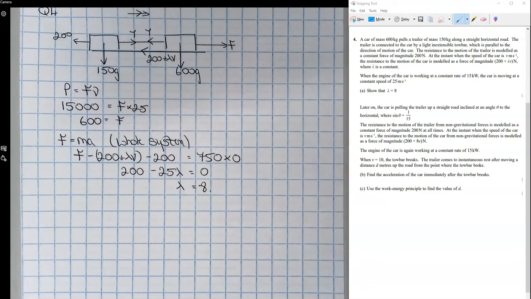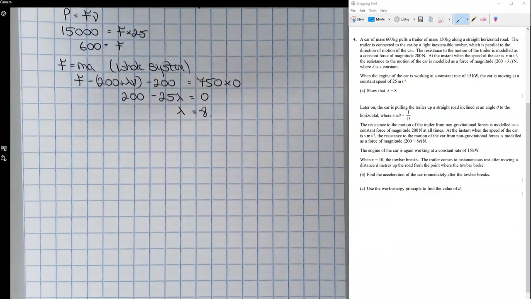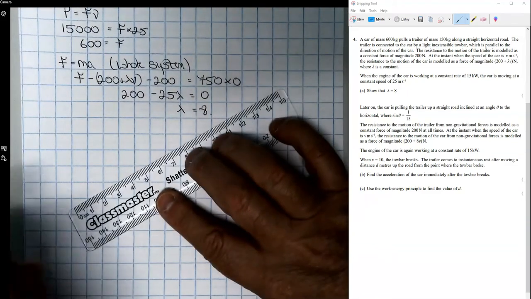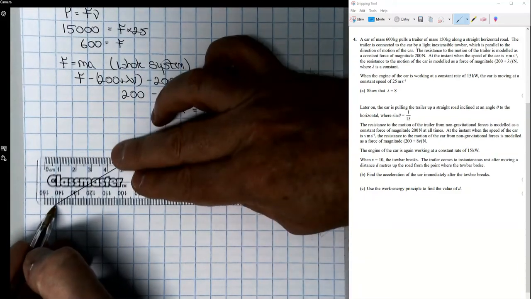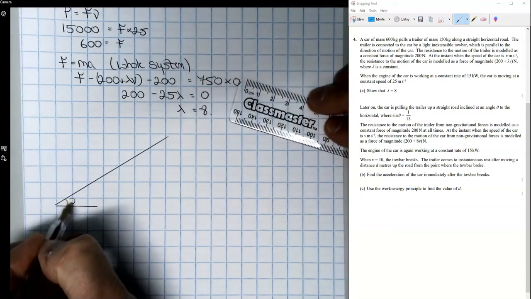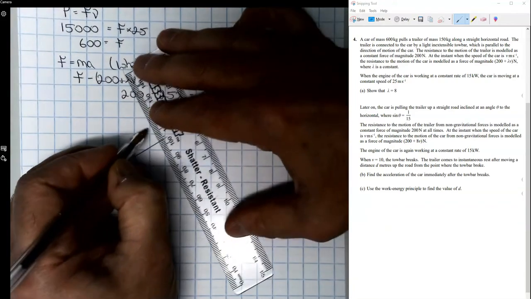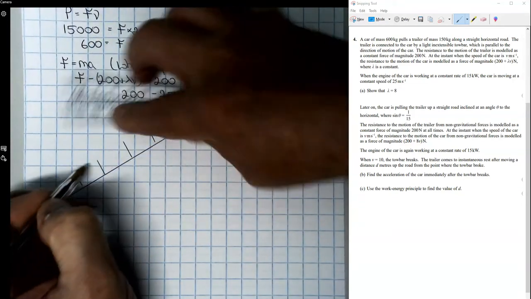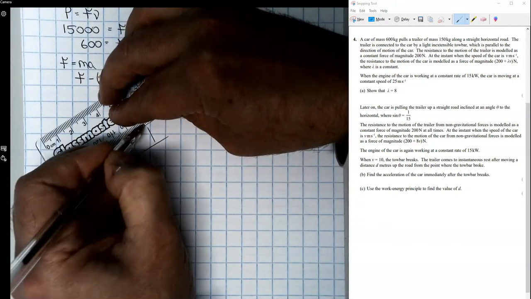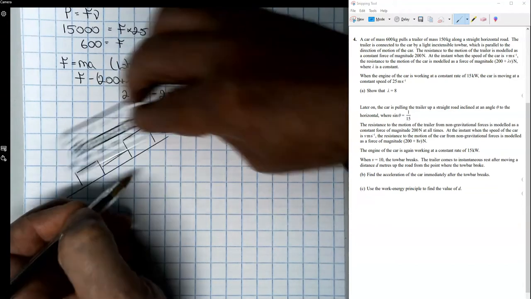Okay, later on, now we're going up a slope. So now I'm going to draw an angled slope, angle theta. Similar diagram, just turning the page on its side in effect.